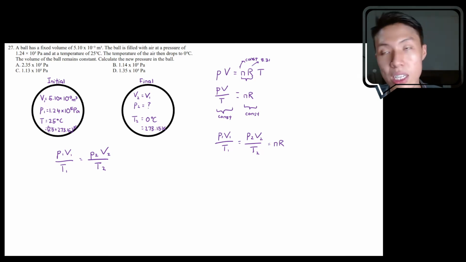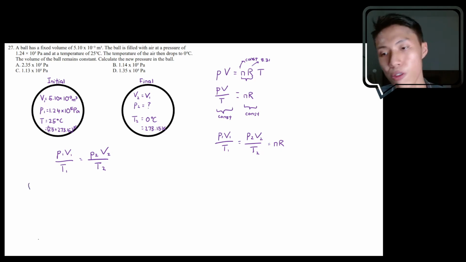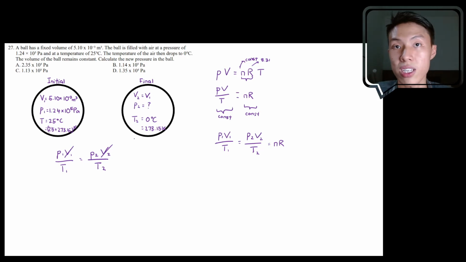That's how you get this equation. Now we can perform our substitution, but before that there's one simplification you can do. V2 and V1 are the same value because the volume of the ball is constant. Therefore, you can cross out V1 and V2 because they are on two sides of the equation.